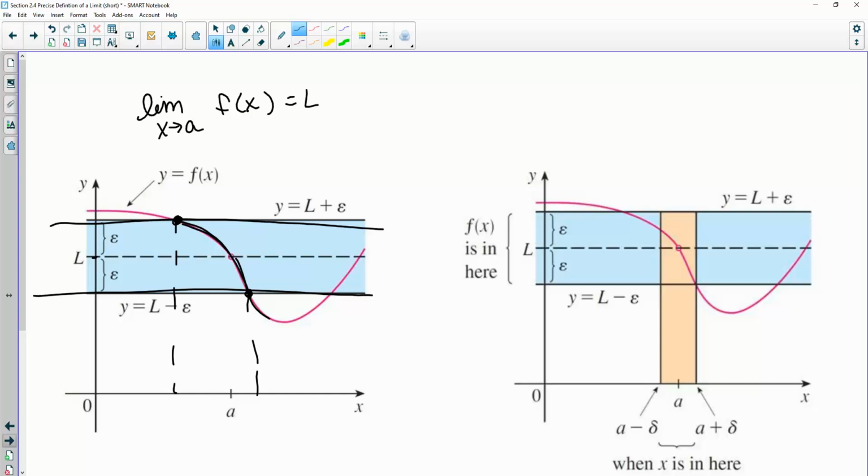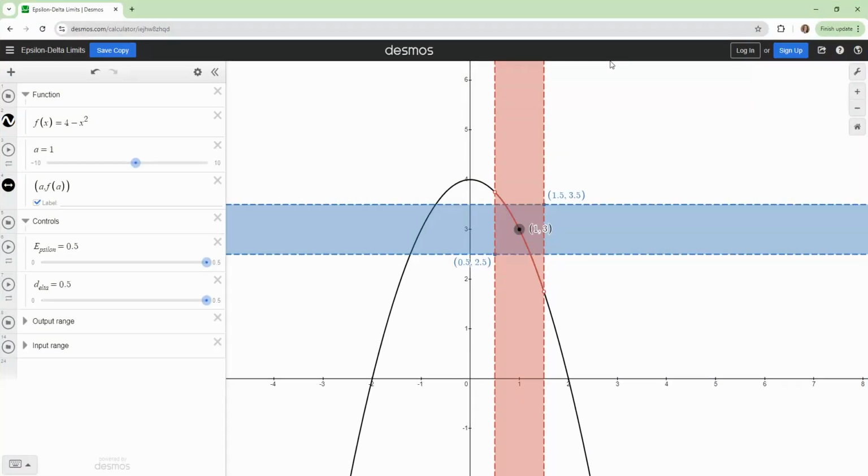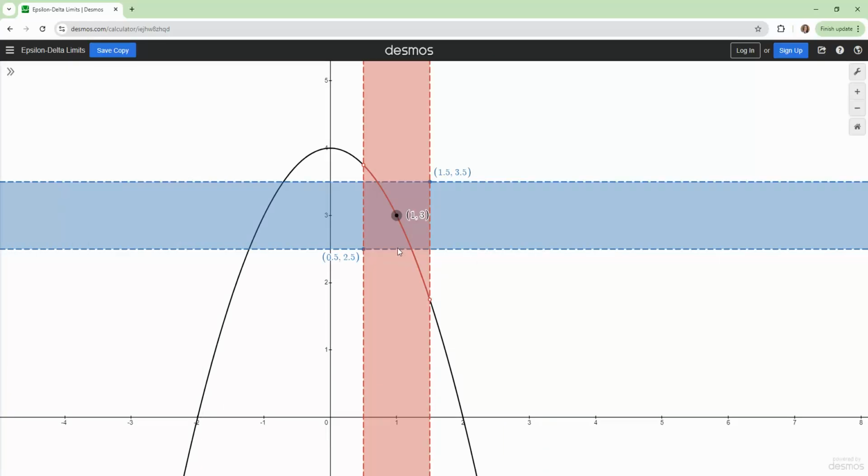I have another graph I pulled up just to illustrate this a little more and try to make sense of it. Okay, so if I look at this one, here is my limit. 1 is the actual x I'm approaching, 3 is the limit.